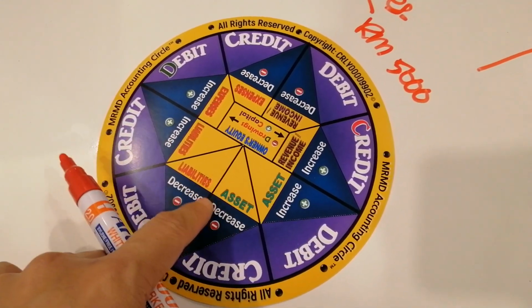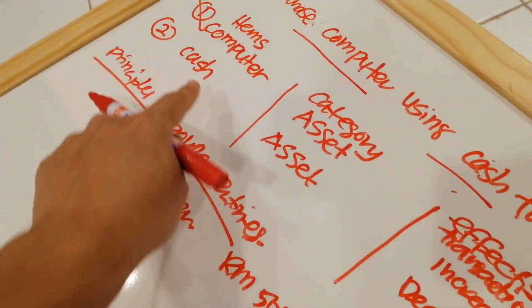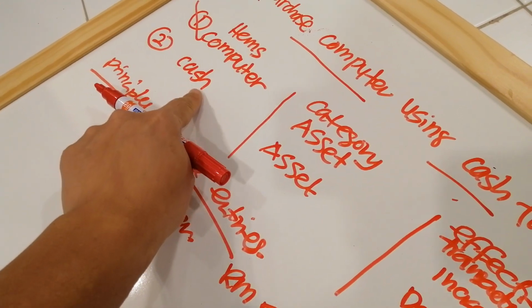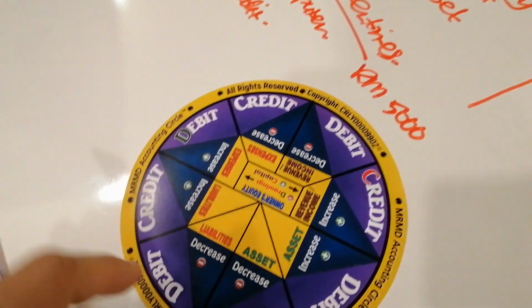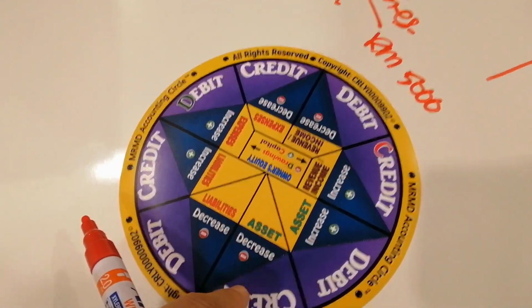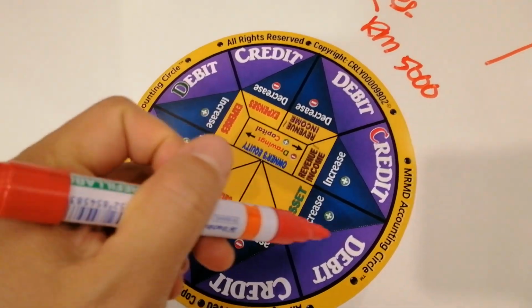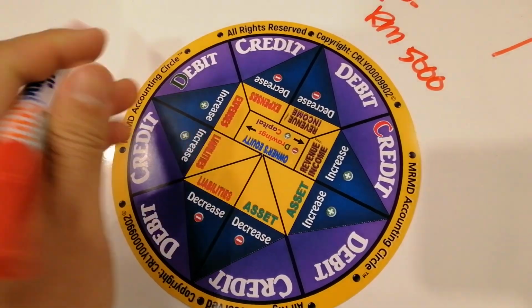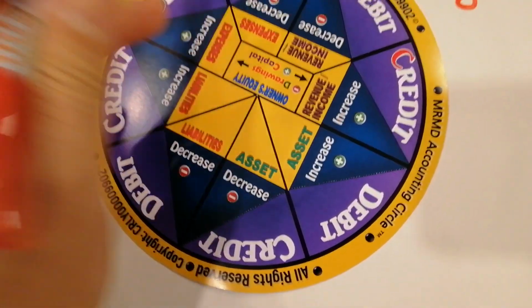So means for the second item, cash under asset, asset decrease. You look at back your circle. Asset decrease, we record under credit. So this circle will help you to know about debit and credit position. Okay, if the asset increase, debit. If the asset decrease, credit.